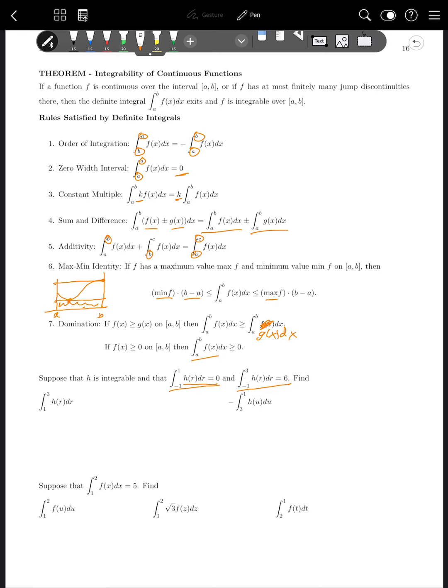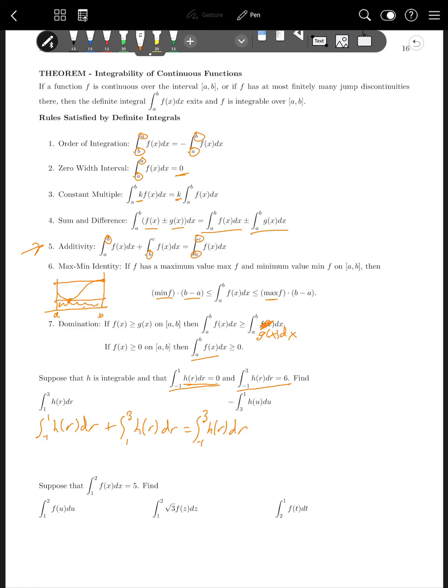Well, one of the rules we have is that these things can be added together. So, for example, if I were to add the integral from -1 to 1 of h of r dr plus the integral from 1 to 3 of h of r dr, that should equal the integral from -1 to 3 of h of r dr. So here I'm just using the additivity rule, number 5, by saying that if I want to go from -1 to 3, I could do that in two pieces, and those two should add together.